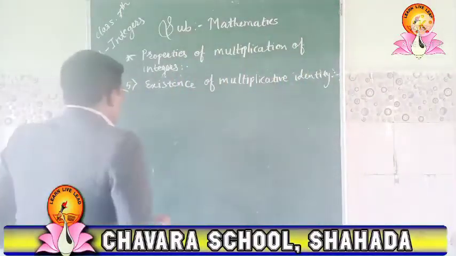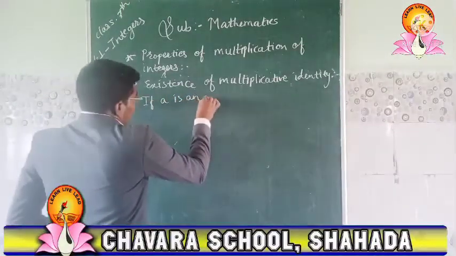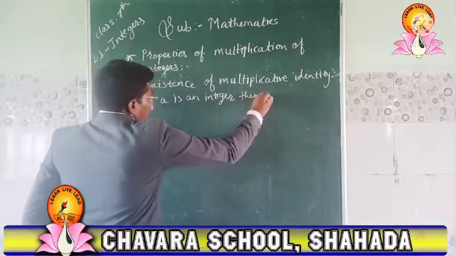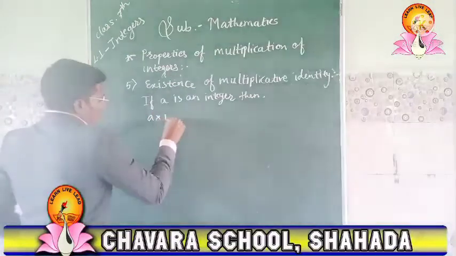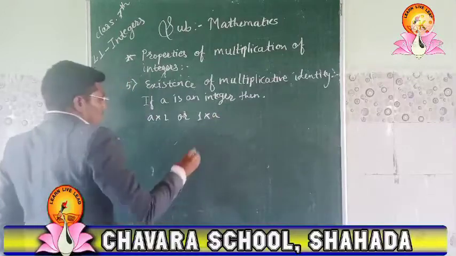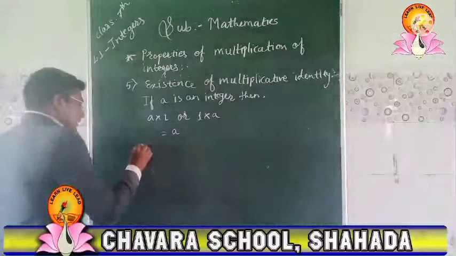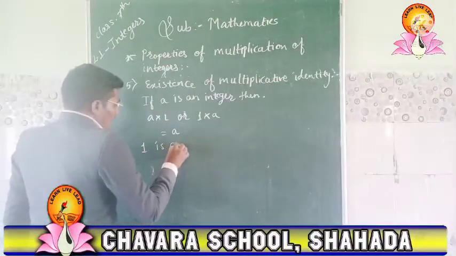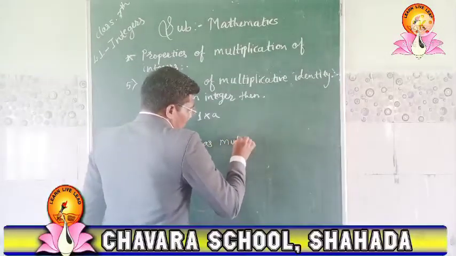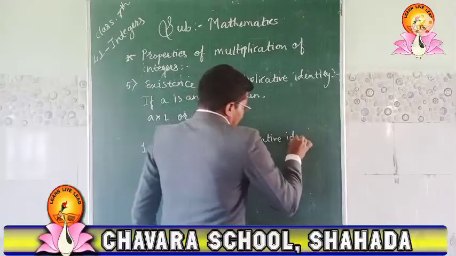So in this property, if a is an integer, then a multiplied by 1 or 1 multiplied by a, the final answer we get is a only. So in this property we can say that 1 is called the multiplicative identity.